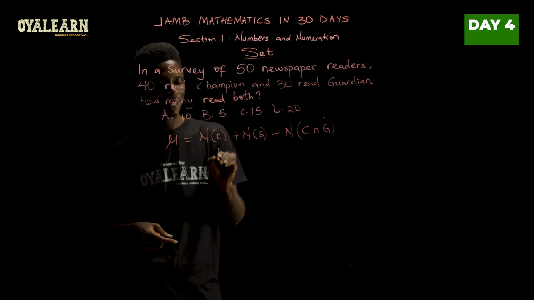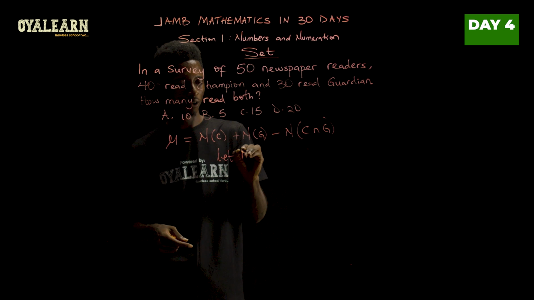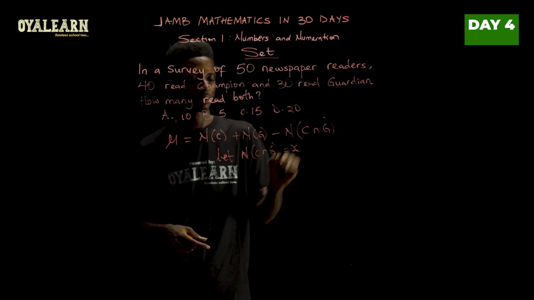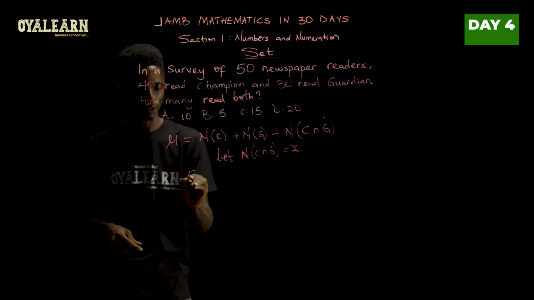So we can say let the number of Champion intersect Guardian equal X. Then we use this to solve. The universal set says we have 50.